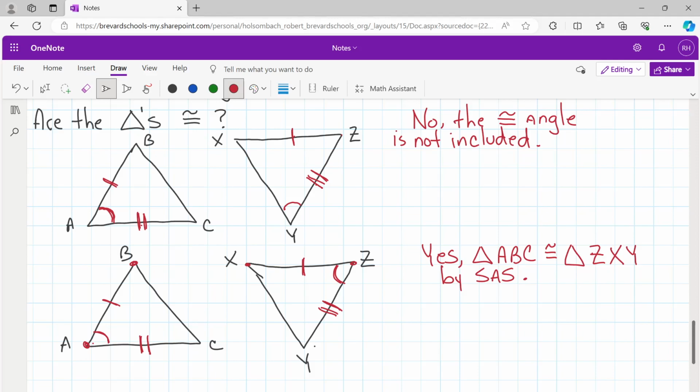All right, then your practice problems for today. There isn't much practice related to these two rules. So part of your assignment today is going to be a review from Monday where you're going to be using a congruence statement to solve for some variables.